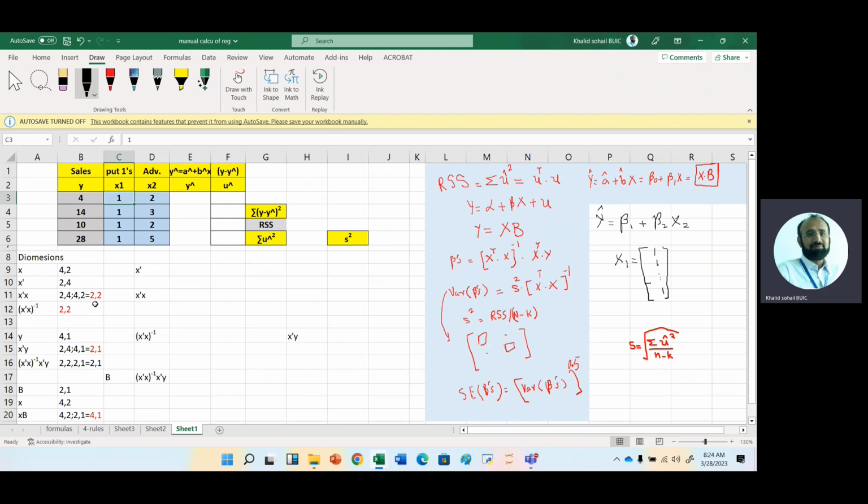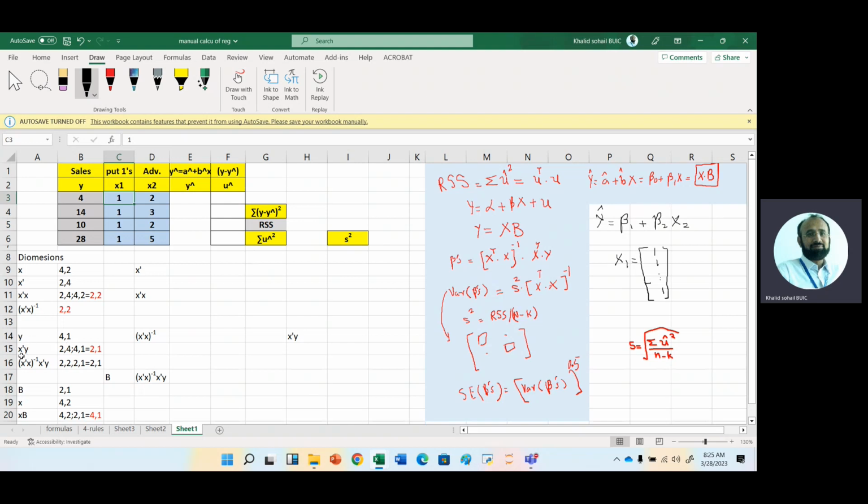So first of all, we locate the position as well. But if we are using Excel 365, we don't need to locate the highlighted area. And we will get the inverse of the matrix. This is for X transpose X and its inverse, and then we need X transpose Y. We know X transpose's dimension is 2 by 4 and Y's dimension is 4 by 1.